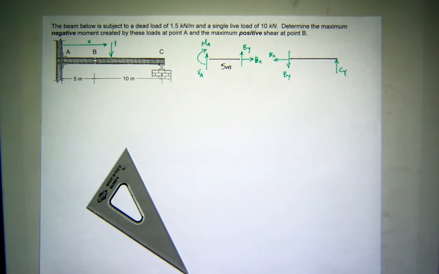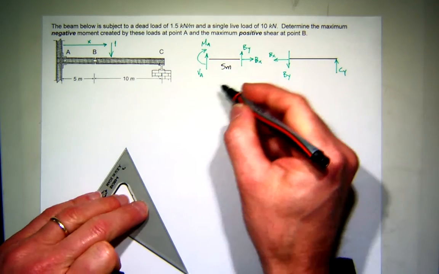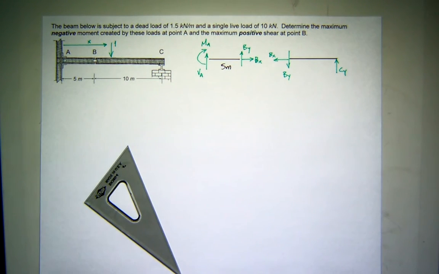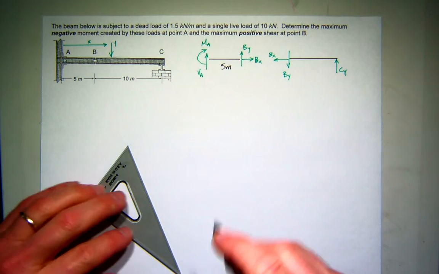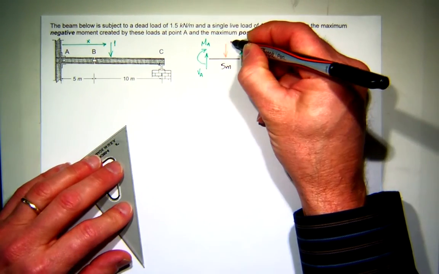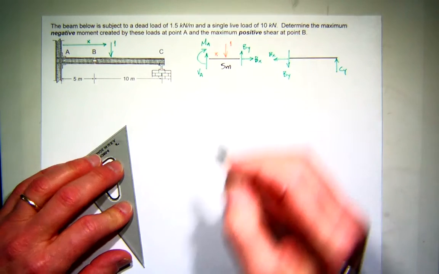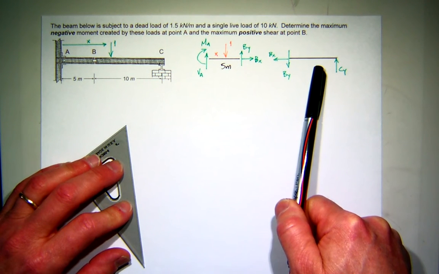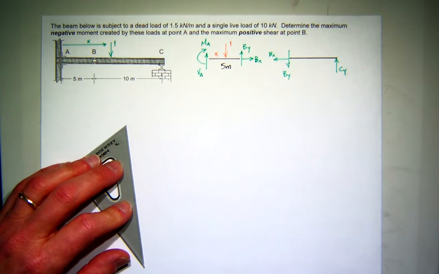Now, I really want to focus on this free body diagram because that's the one that has the moment at A. So I'm going to have to do it twice. Once where my unit load is here on the free body, and then once when it goes to the right-hand side. You see that? So let's do this one first.